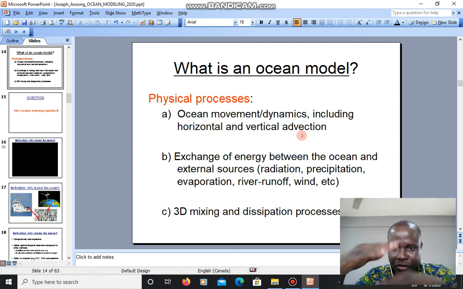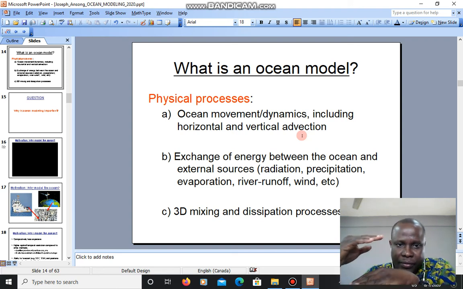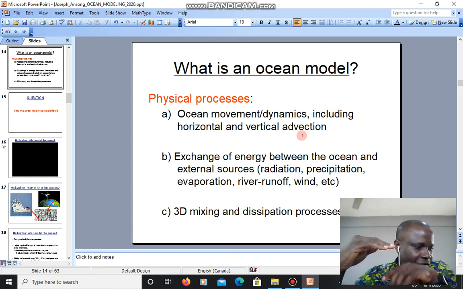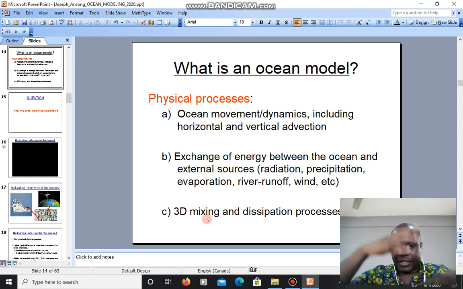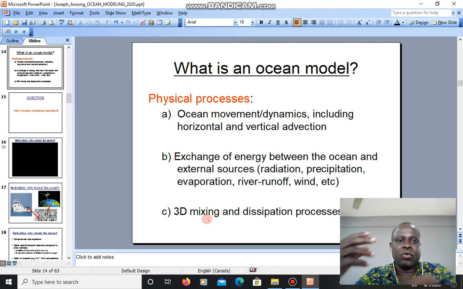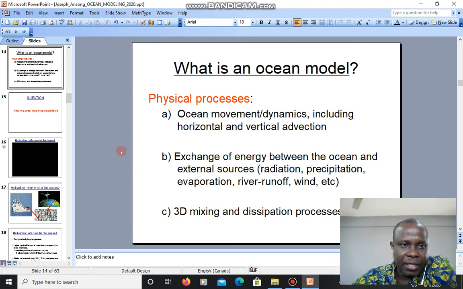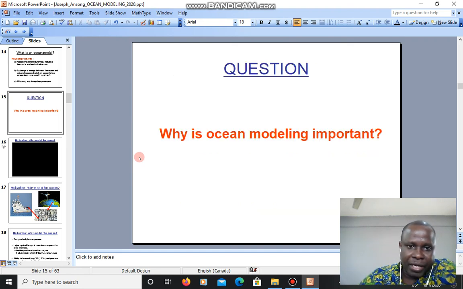There is exchange of energy, radiation, precipitation, evaporation. You have winds and river runoffs. So these are all processes you want to model. These are physical processes of interest. Then, of course, you have the three-dimensional mixing and dissipation processes that are happening within the ocean as well, that we are interested in.